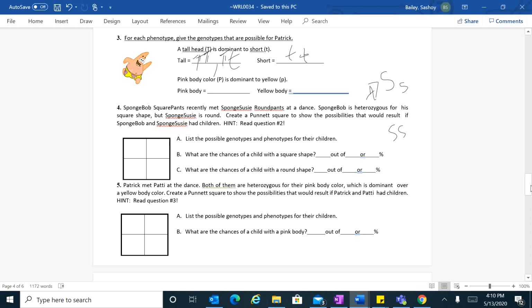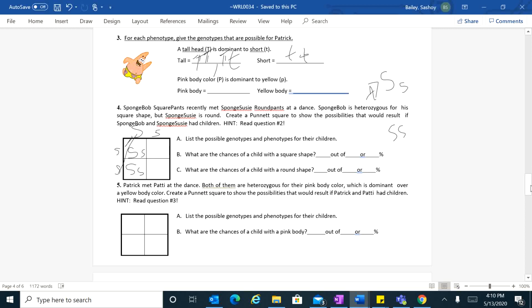The way you set up the Punnett square for this is by putting SpongeBob on the top, uppercase, lowercase. Let's put Sponge Susie on the side, lowercase, lowercase, right? So here, uppercase and lowercase gives you uppercase, lowercase. Now uppercase and lowercase, again, gives you uppercase and lowercase.